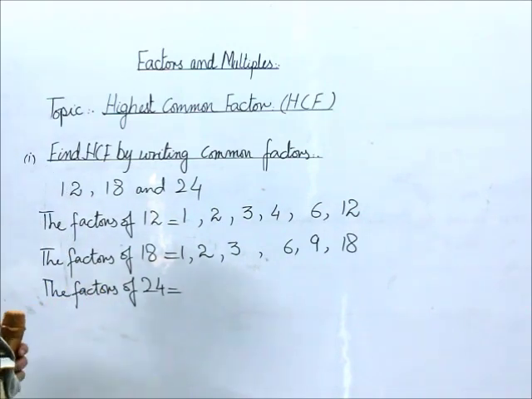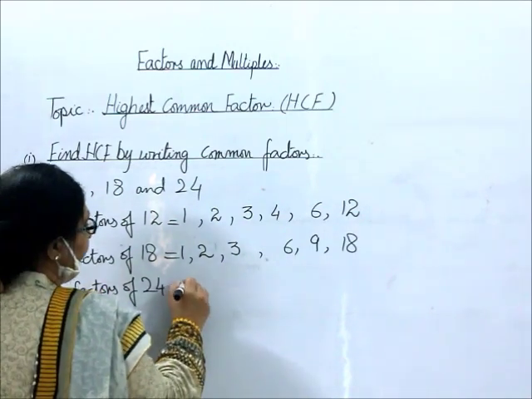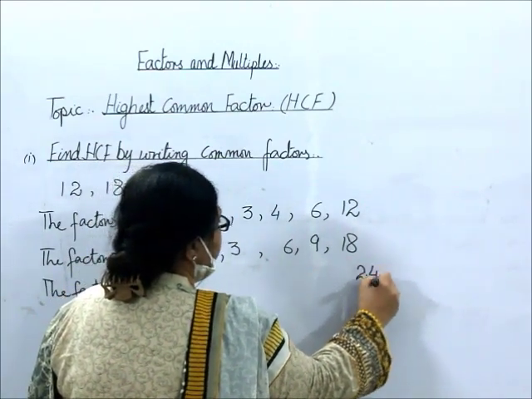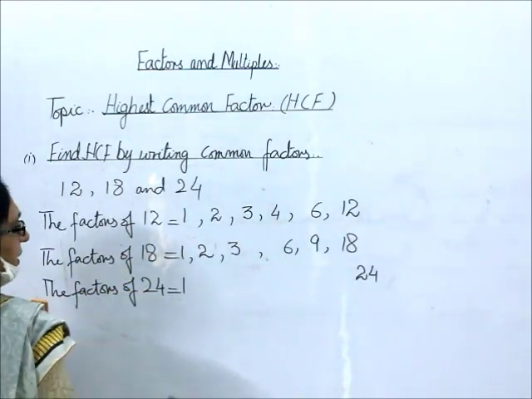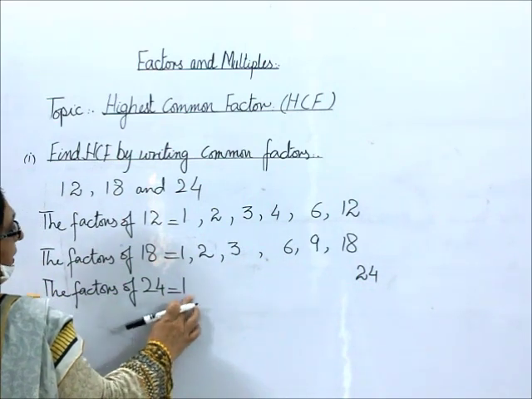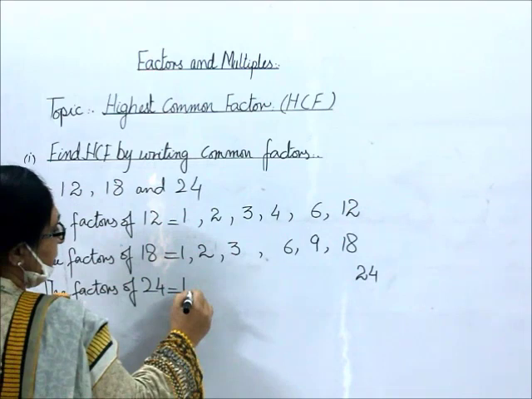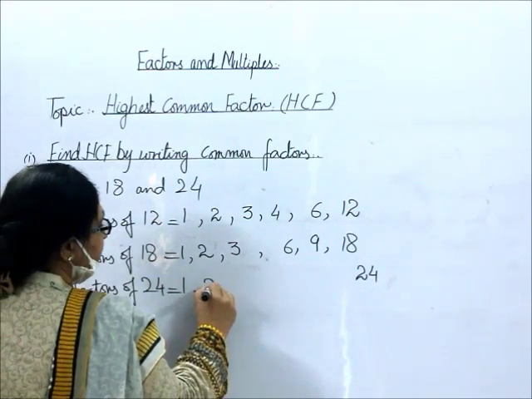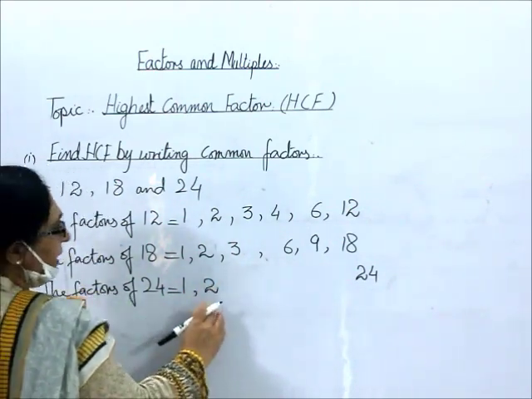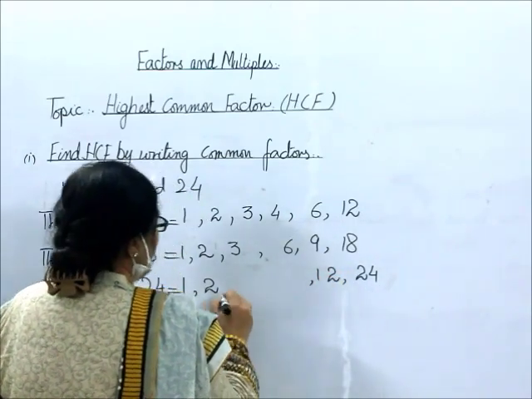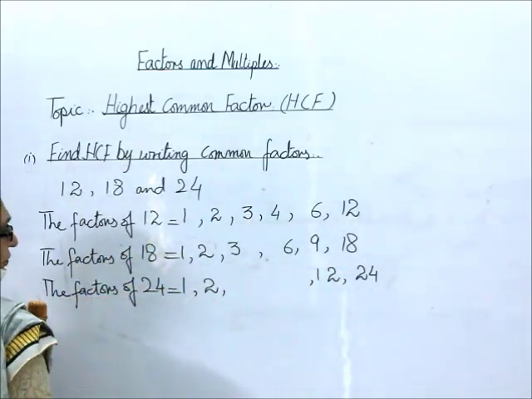Let's find out the factors of 24. The first factor is again number 1, and the last factor is 24, the number itself, the biggest factor. Then let's find out whether 24 is divisible by 2. Yes, it is an even number. So 24 is divisible by 2, and 2 twelves are 24. So 2 and 12 are the factors of 24.